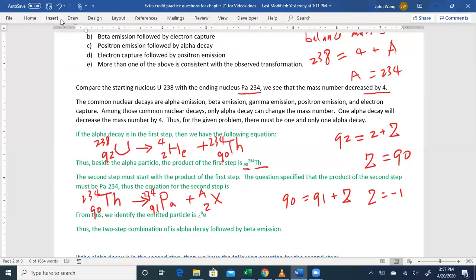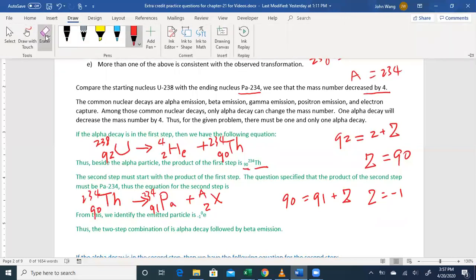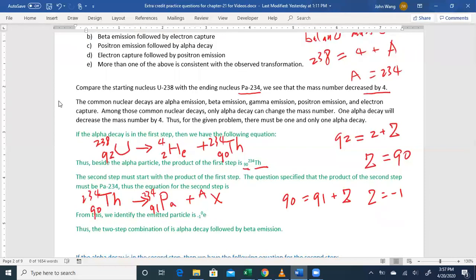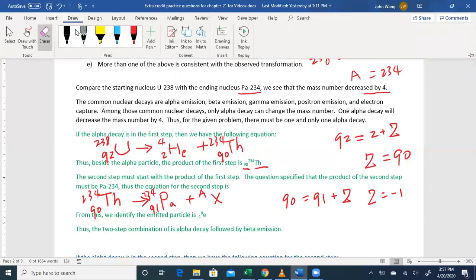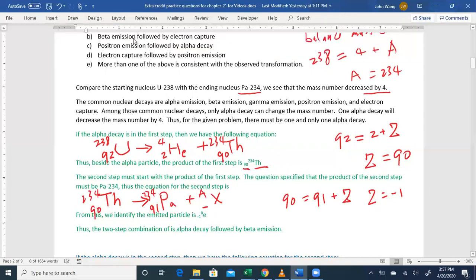So -1 means it is an electron or the beta particle. Therefore, we pretty much find out the identity of the decay mode of the second step.